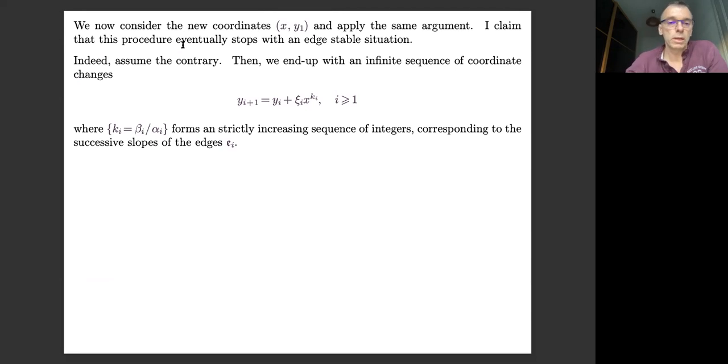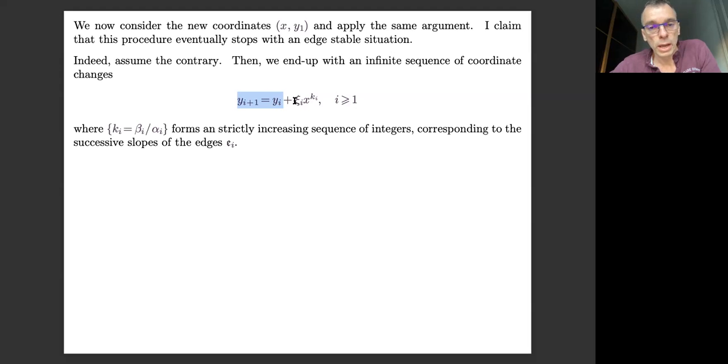Why? Let's reason by contradiction. Suppose that this is not the case. Then you get an infinite sequence of coordinate changes, where each one corresponds to the elimination of the edge which was unstable in the preceding step.